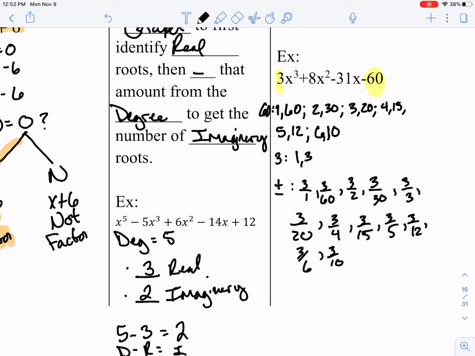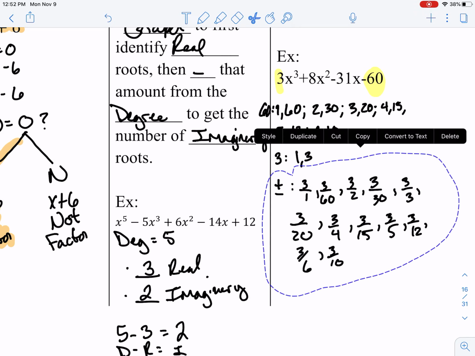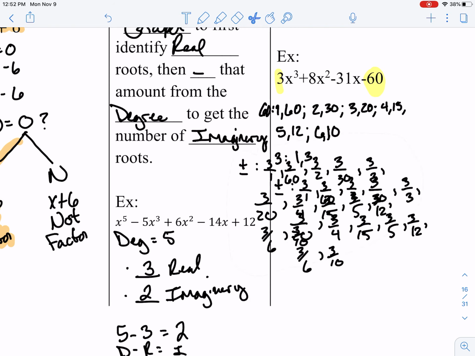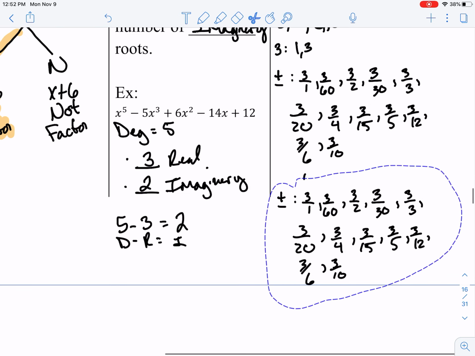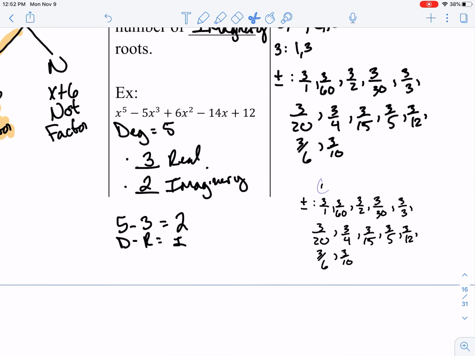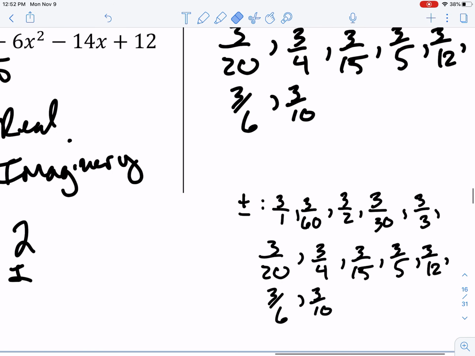From there, you'll do the same thing, except the 3 that's up top everywhere is going to become a 1.